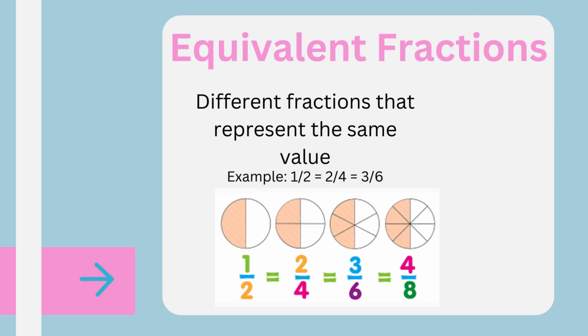Next, we have equivalent fractions, which means different fractions that represent the same value. As you can see, 1 over 2 equals 2 over 4 equals 3 over 6 and 4 over 8. Now, what can you see that makes the fractions different but with the same value? I'll give you 2 seconds.